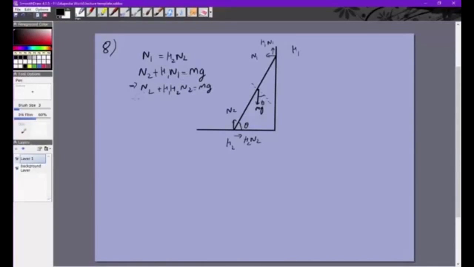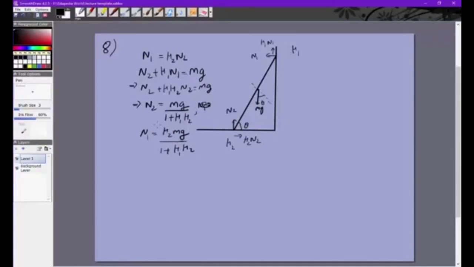Substituting N1 from the first equation, N2 is equal to Mg by 1 plus mu1 mu2, and N1 is mu2 times this. So N1 is equal to mu2 Mg by 1 plus mu1 mu2.